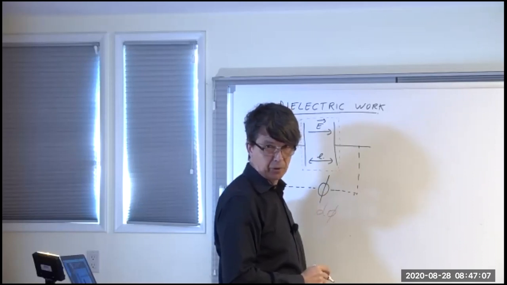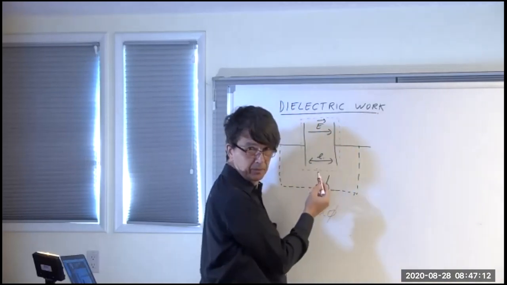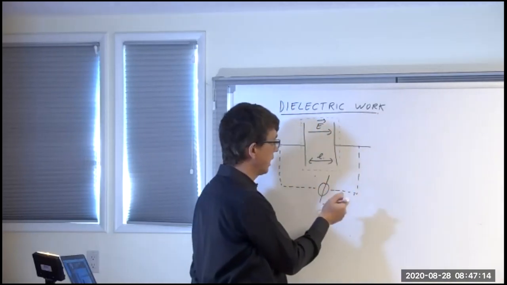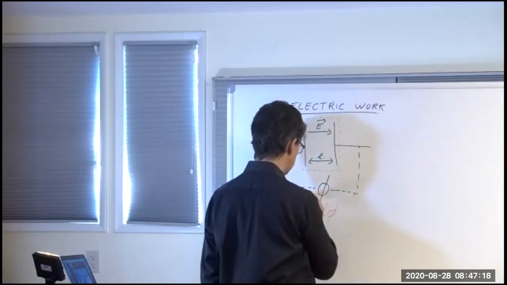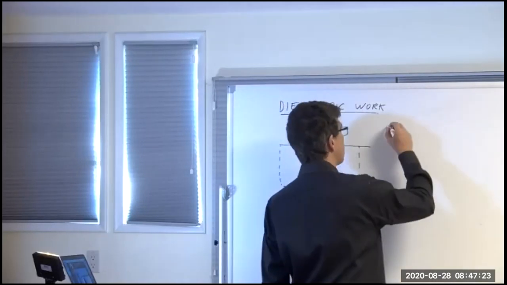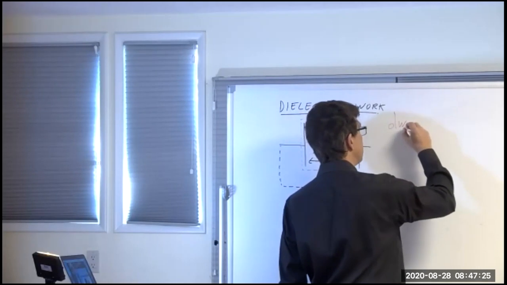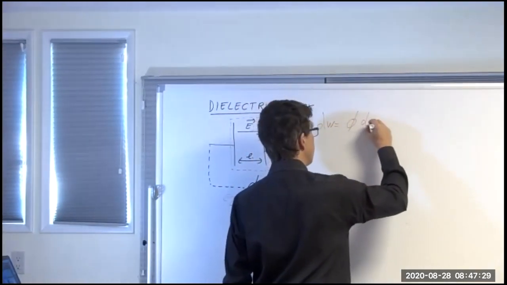Again, the electric work is what's performed on the boundary, right? So all I see is that if I change the potential, there might be some extra charge flowing dq. So at that point, the work I do is phi dq.